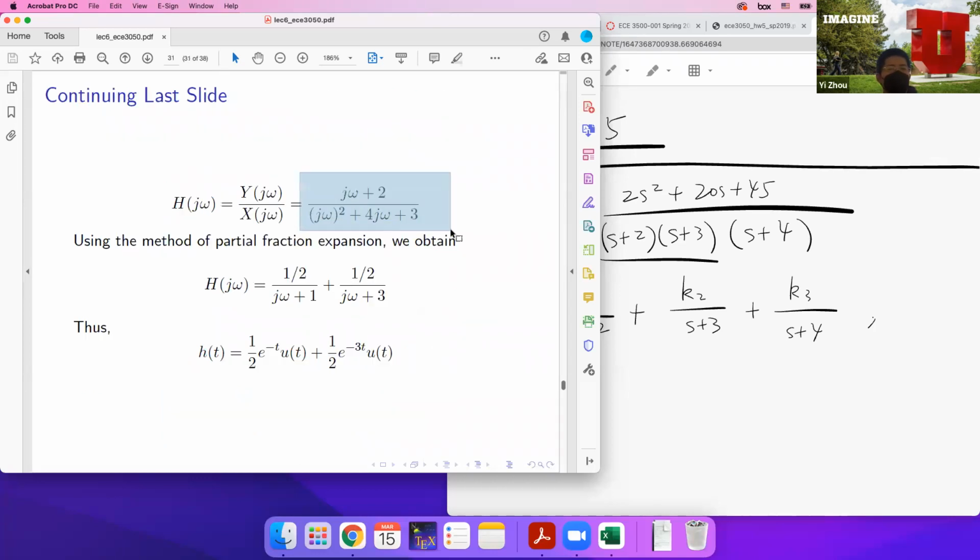Once you have this big fraction, you do a partial fraction expansion and decompose it into simpler ones. For the simpler ones, you can easily tell from the Fourier transform table the inverse signals associated with each part of the spectrum.